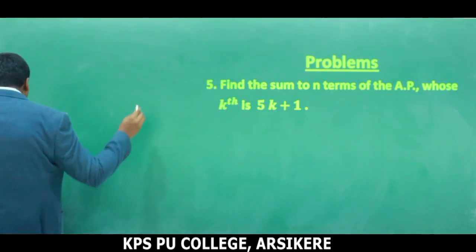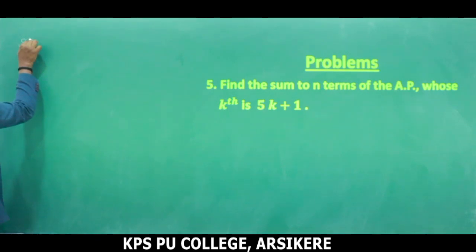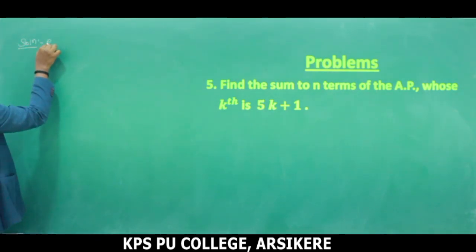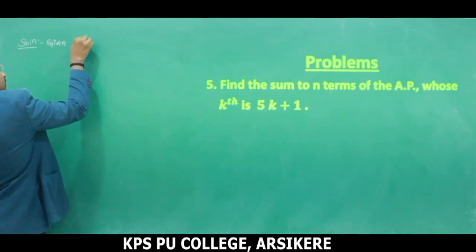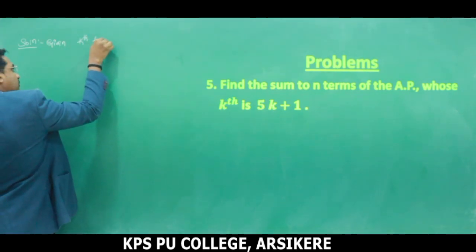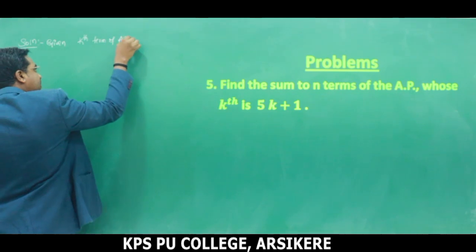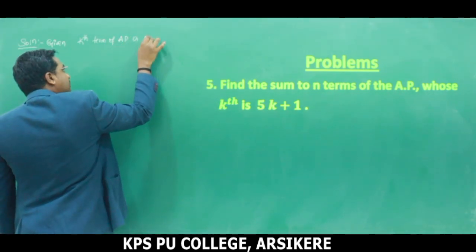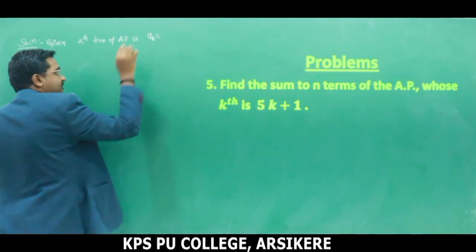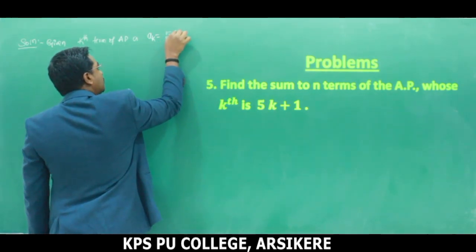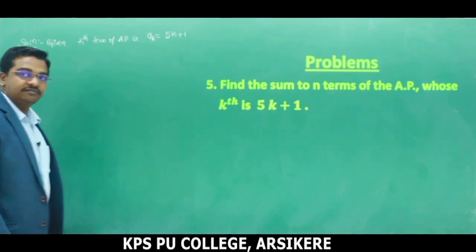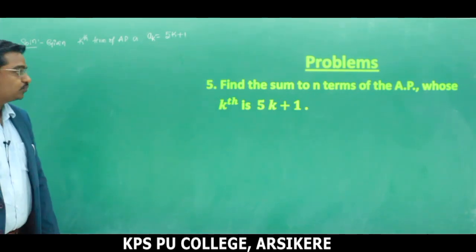Solution. Given, the kth term of AP is a suffix k, a suffix k is equal to 5k plus 1.